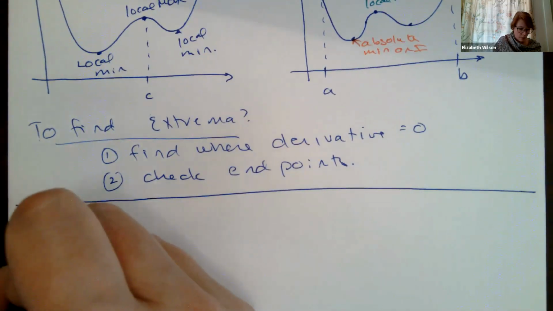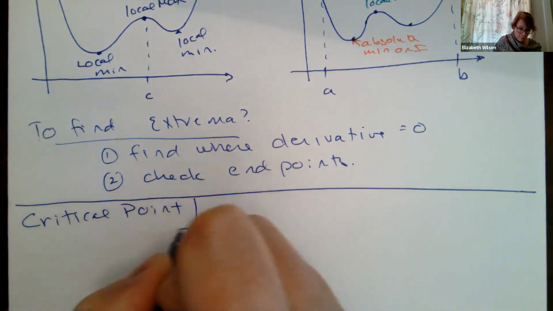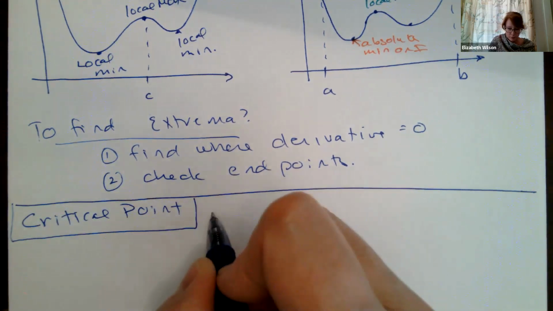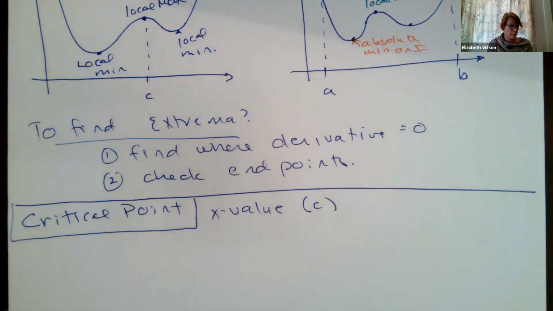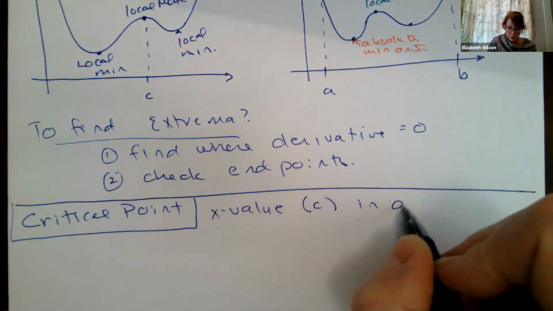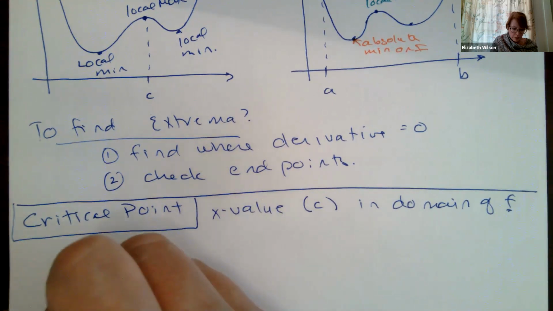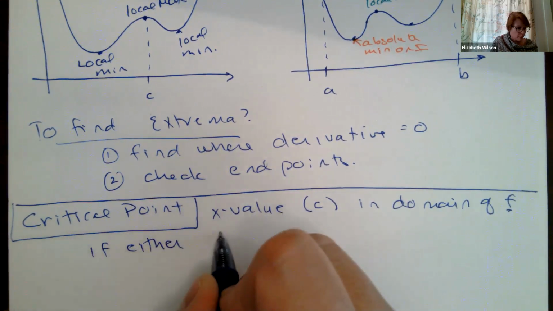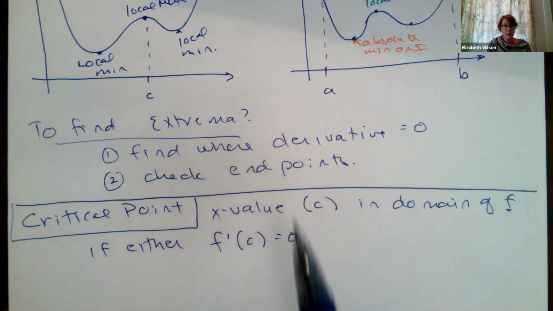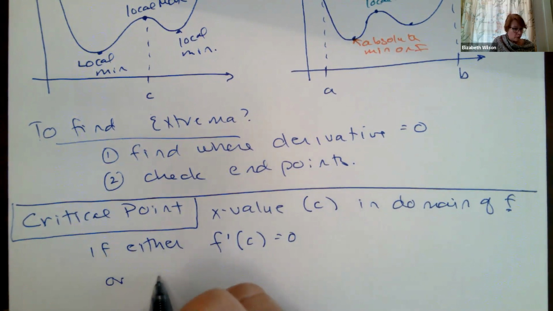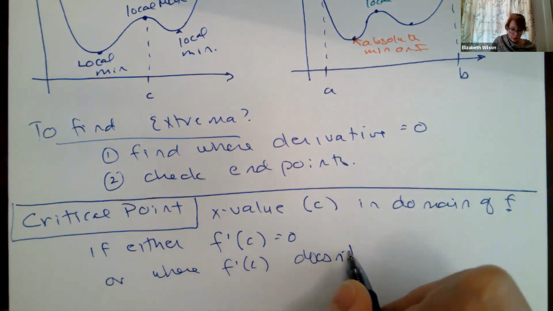So let's define what's called a critical point. A critical point is an x value. Okay, we call this like our C, right? This is a C where something is happening. An x value in the domain of our function. Okay, and it's a critical point if either f prime of c is equal to 0, so this is the value of x that makes my derivative equal to 0, or where f prime of c doesn't exist.